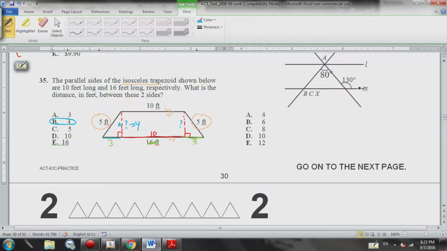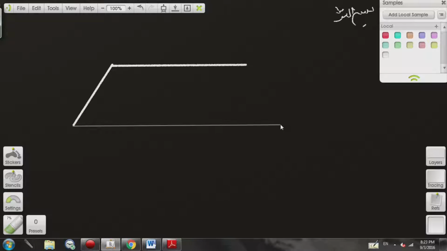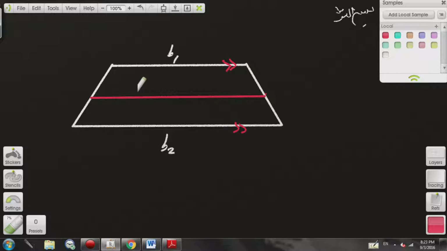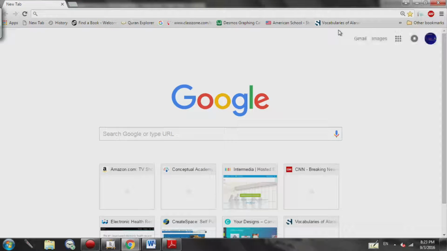While we are on an isosceles trapezoid like this one, there are two things I want to mention. This is base 1 and this is base 2. The mid segment of a trapezoid has a formula associated with it: it's the average of the bases.